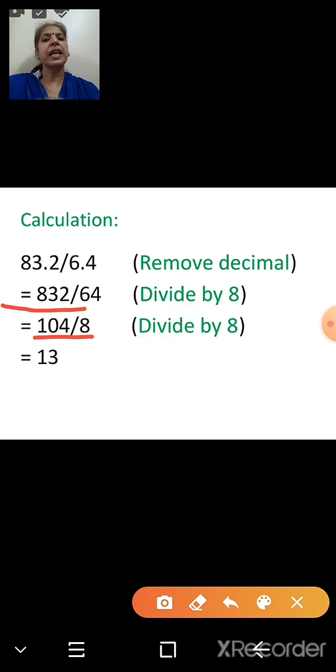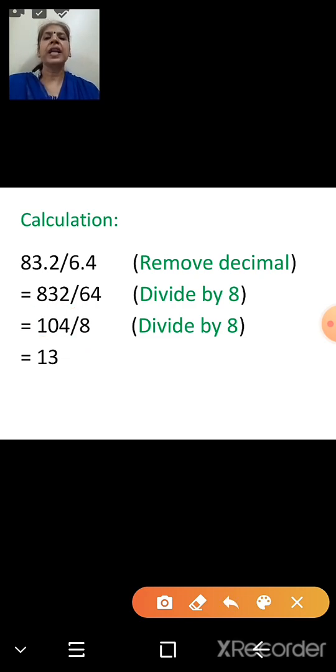8 ones are 8. Then take one digit at a time. When you take one digit, 3 comes. 3 is not divisible by 8, so you put 0, then take the next digit, 32. So 832 divided by 8 gives 104, and 64 divided by 8 gives 8.